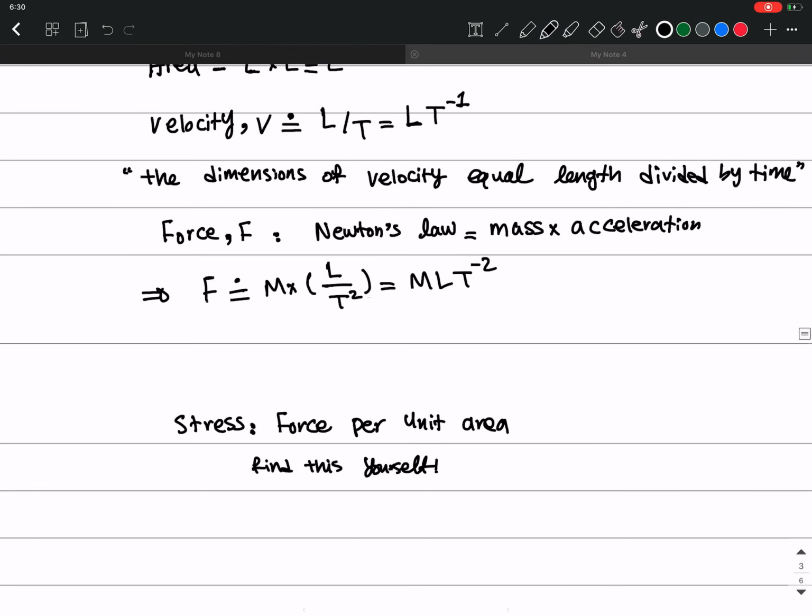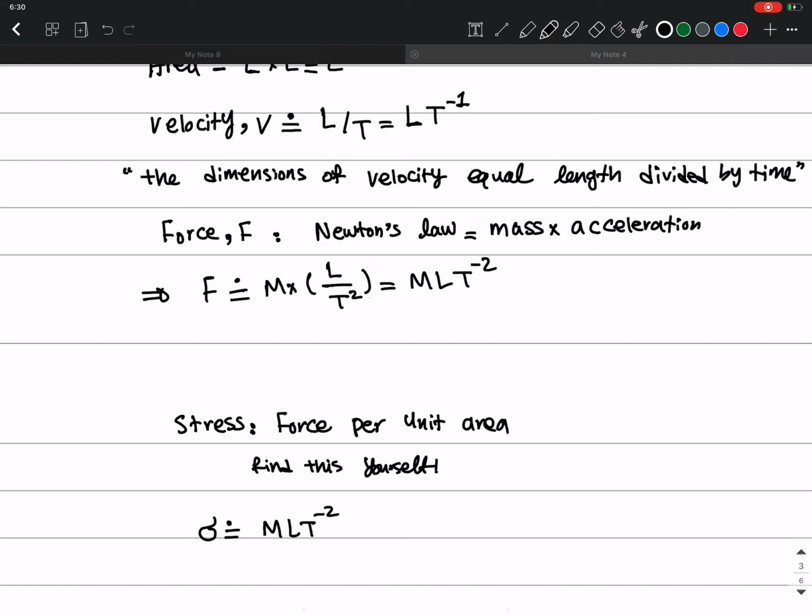Okay. So let me write what it would be, and then you can check whether you are right or not. So stress, we can show it with sigma. It's going to be force per unit area. So what was force? The force was M L T minus 2, right? That was the dimension of force. So I'm just going to write that, M L T minus 2.